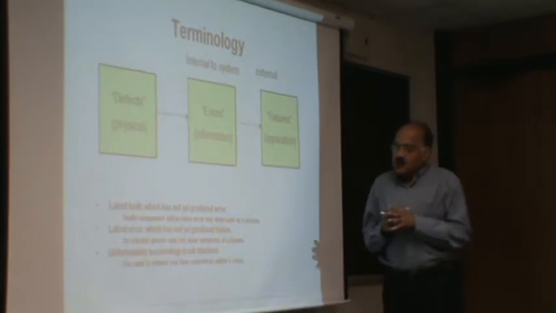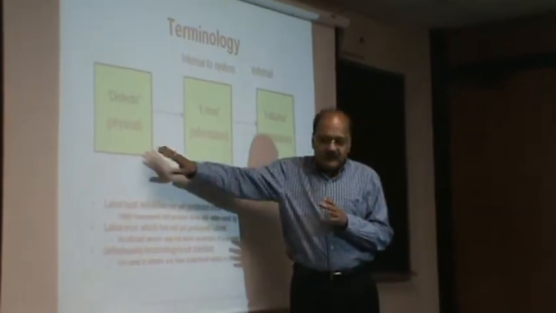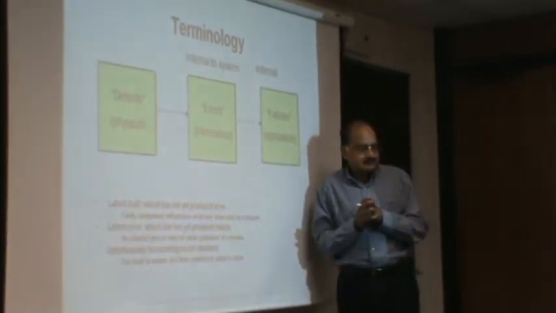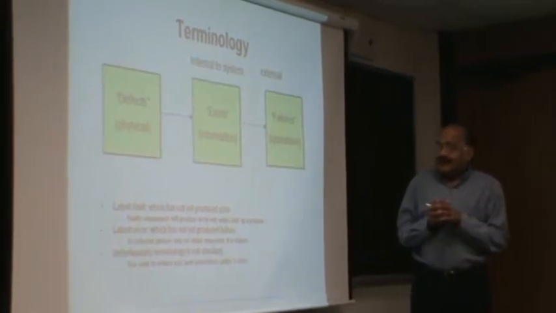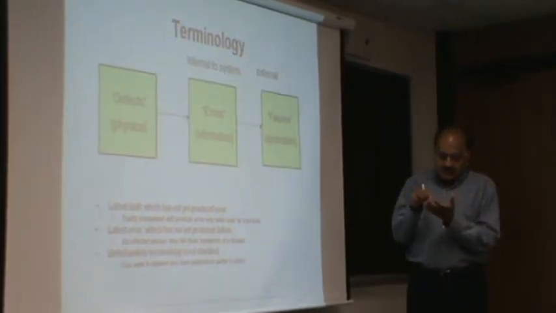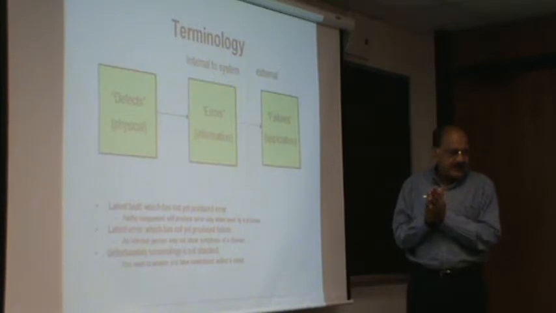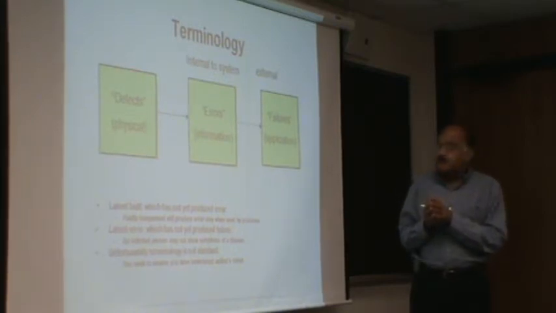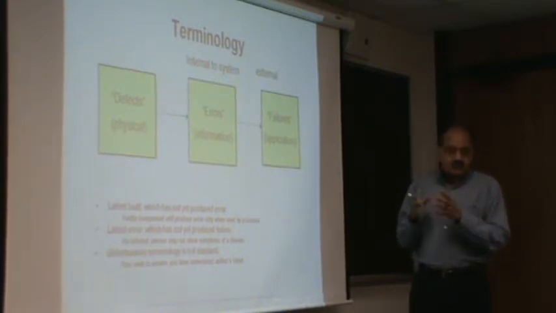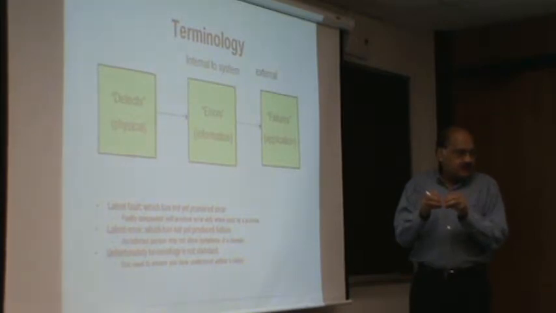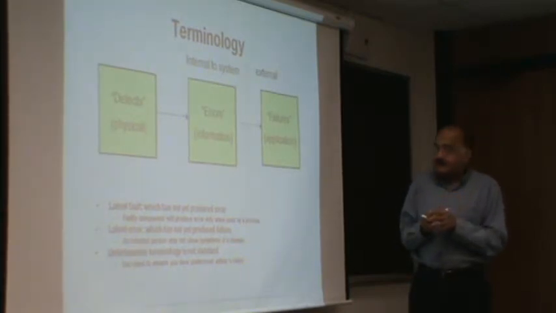When we talk about defects, we mean physical defects. For example, let's say you have a chip, and the chip has some flaw in it. That's a physical defect. Or software has a coding error in it, so that's a physical defect.